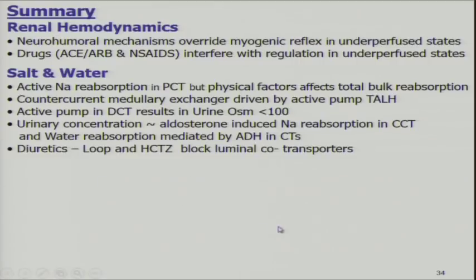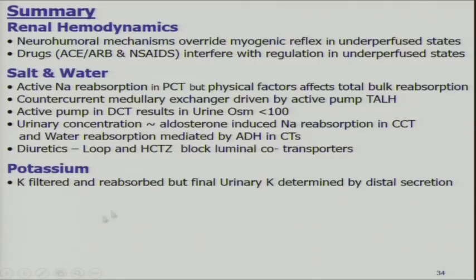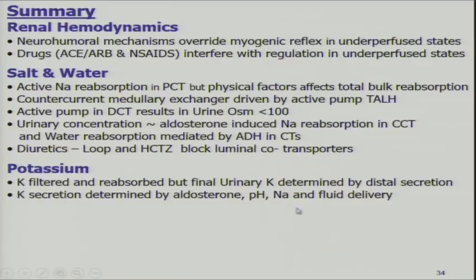Diuretics, a loop diuretic and thiazides, block the luminal cotransporters at their respective sites. Potassium is freely filtered and reabsorbed, but the final urinary potassium is determined by potassium secretion, and that's determined by aldosterone, pH and bicarbonate level, sodium, and fluid delivery.